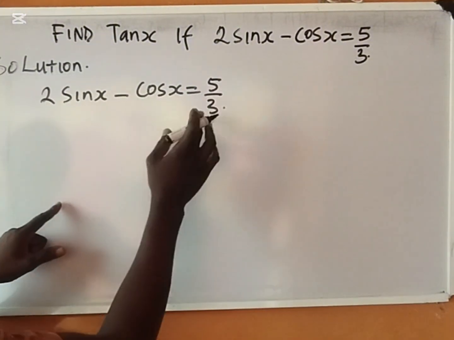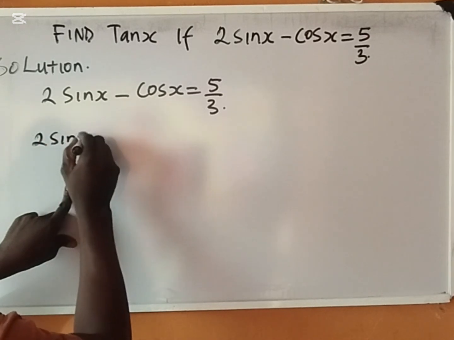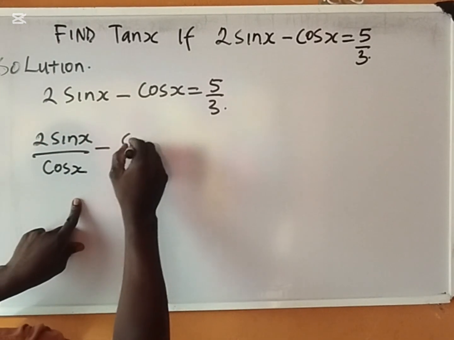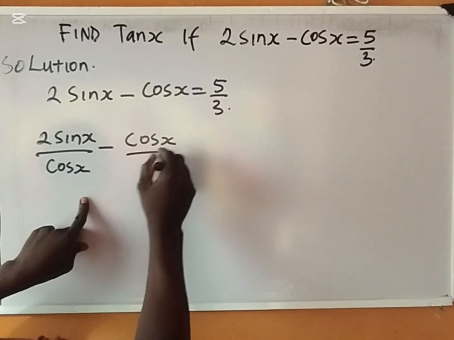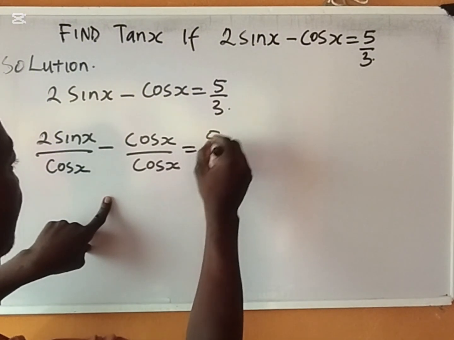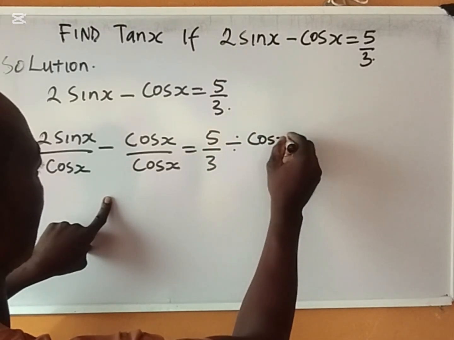So if I divide both sides by cos x, I'm going to have 2 sine x divided by cos x minus cos x divided by cos x is equal to 5 over 3 divided by cos x over 1.